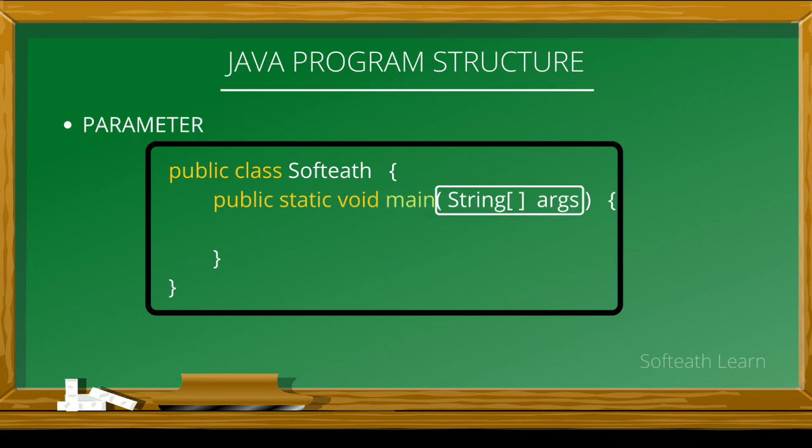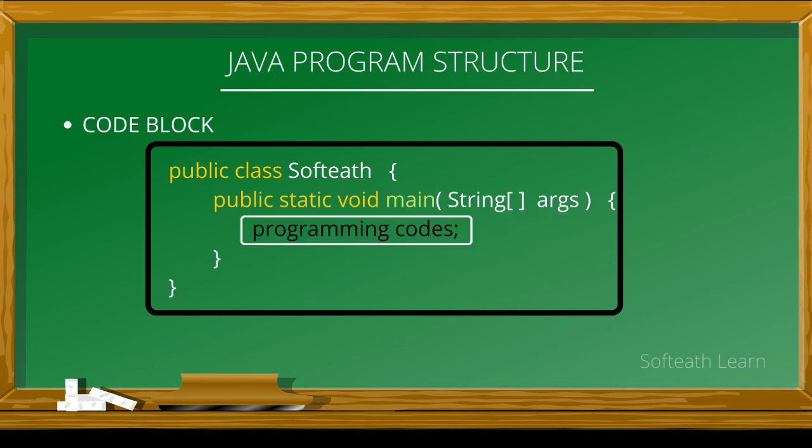The parameters here are some data that we give to the main method to work. Then after that we open the braces of the main method. So the code that will be executed when we run our program will be written inside the braces, which is the body of the main method. So this is a simple Java program.